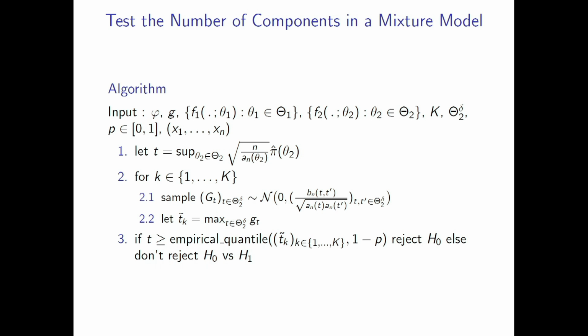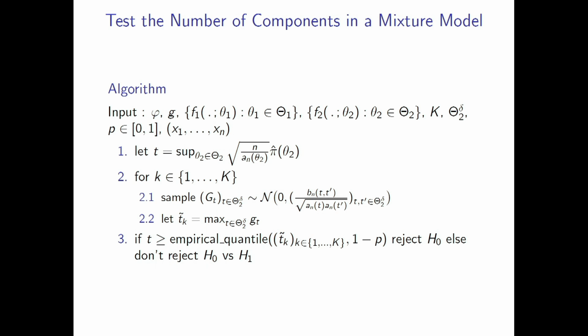Okay, so to synthesize all of this, here is the algorithm. There is no surprise after what I said. We compute the test statistic, and then for a large number K of replications, we have to simulate a Gaussian. Actually, I said a Gaussian process, but since we consider it only on a grid, this is a Gaussian vector, which is easy to simulate.